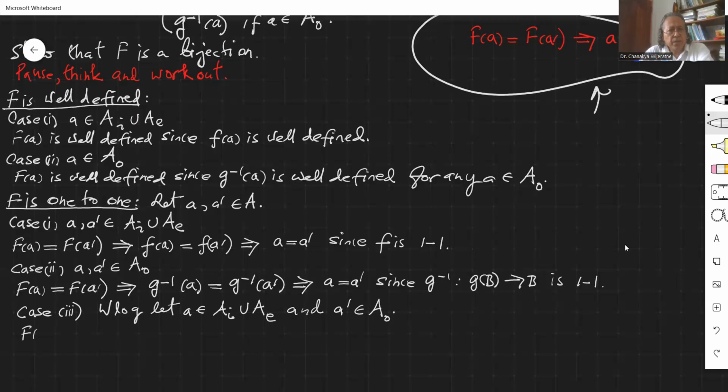So what happens here when we have F of A equal to F of A prime? Let's see.